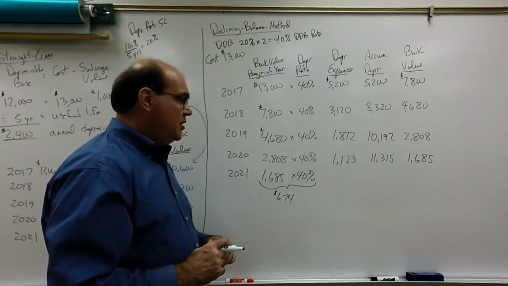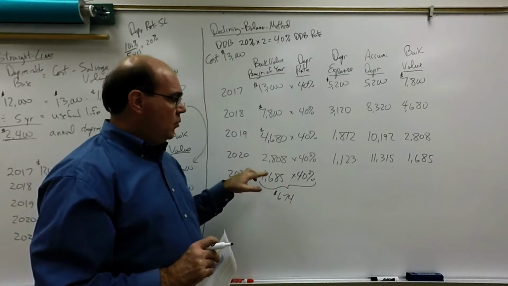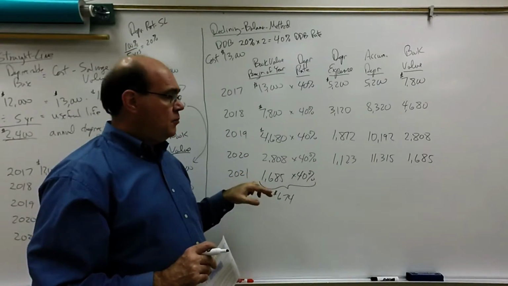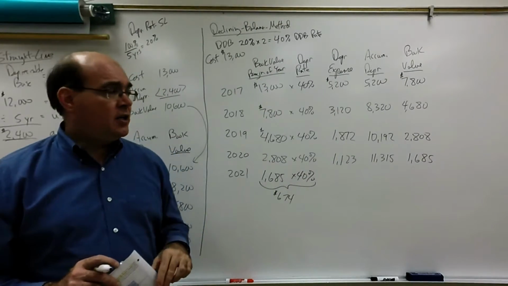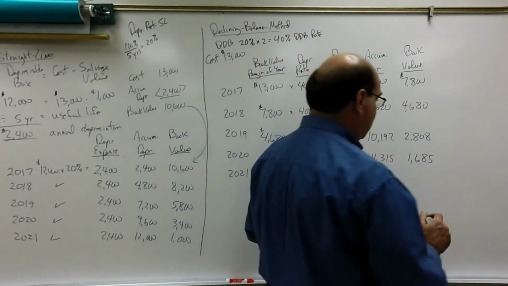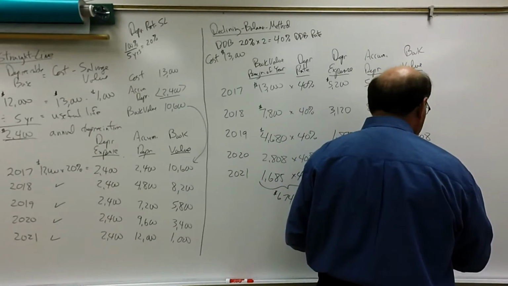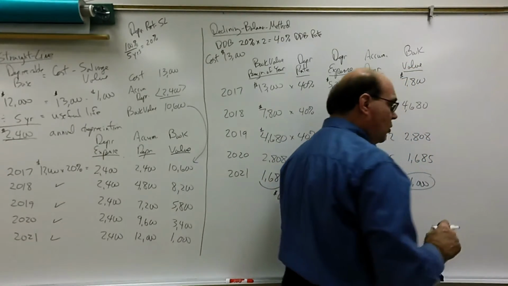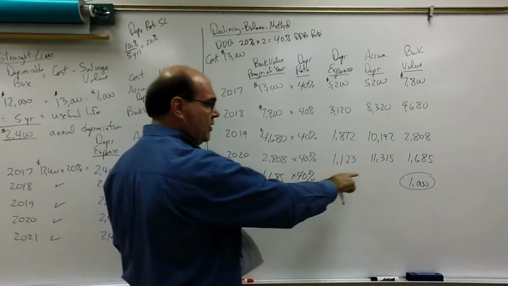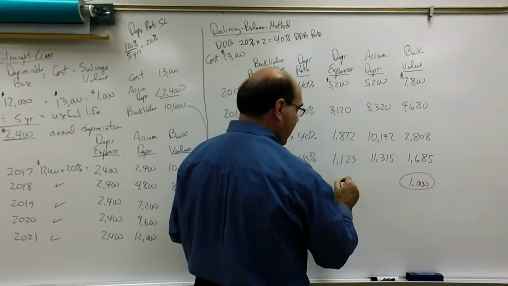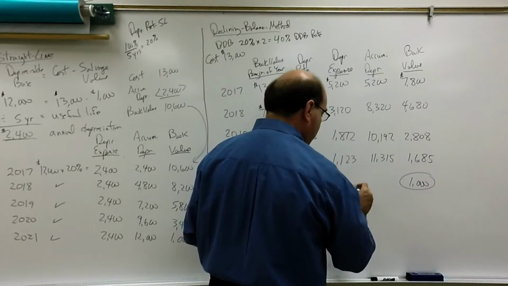What we need to do is, usually what will happen in your last year, if you keep doing that, is you'll end up taking too much depreciation. Because what do we want our ending balance to be? We want our ending balance to be the salvage value. So in that last year we figure out what we need to get from here to here, and we just use that for our last year's depreciation.